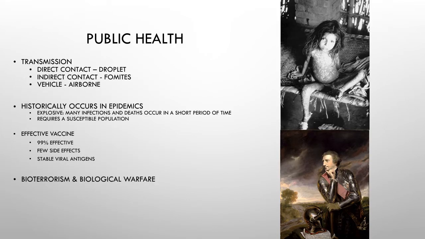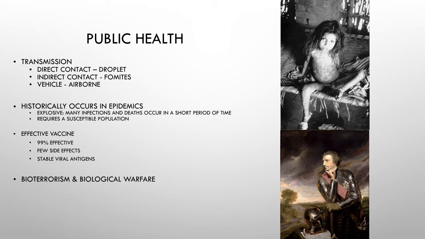Okay, and so this is transmitted by direct contact from skin to skin, droplets. Also, it can be transmitted by fomites, by clothing, by bedclothes, and it can be through the respiratory tract, through airborne infections.